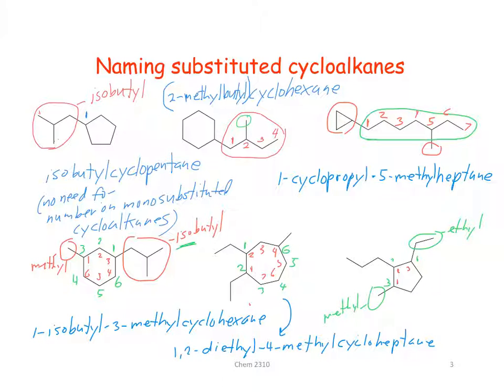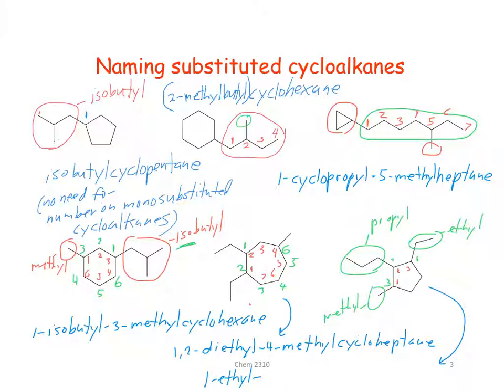What's this group over here? Three carbons, not branched at all. This is propyl. So let's put this down here. This is a cyclopentane, and we are using the green numbering, so the ethyl group comes first. So we have 1-ethyl.